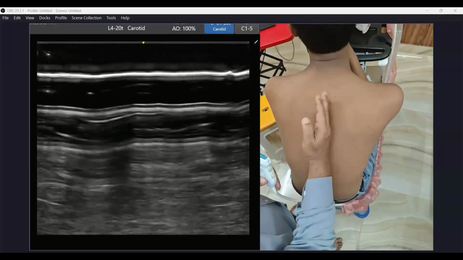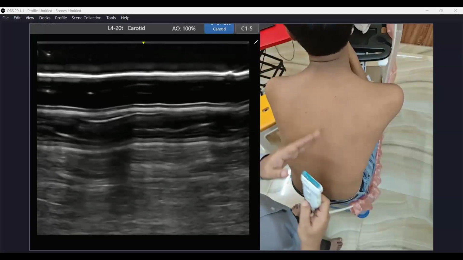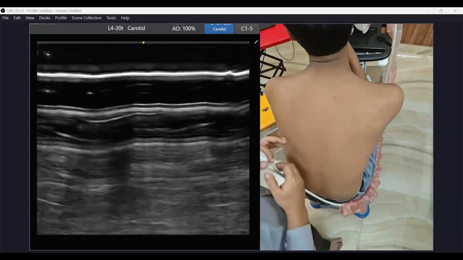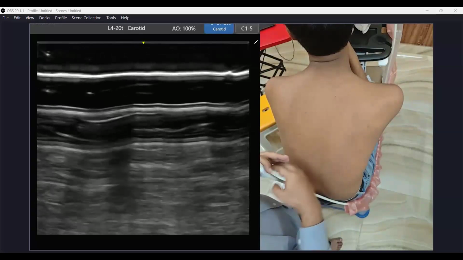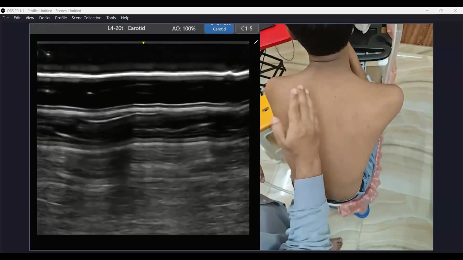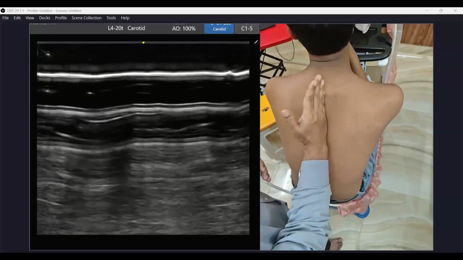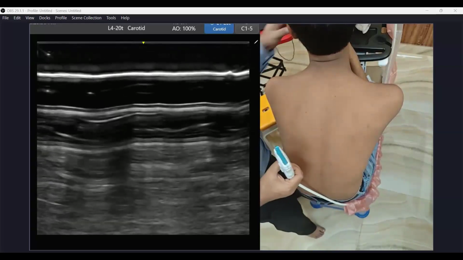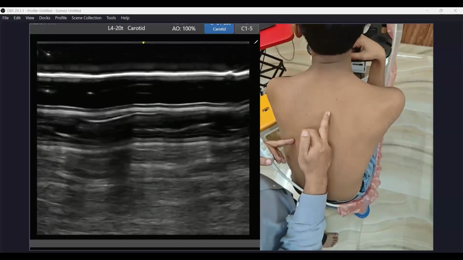Then we will see the spine by ultrasound in different areas. If we talk about the sagittal views, first we will see in the midline, over the spinous processes. Then we will go just lateral to that, which will be over the lamina.